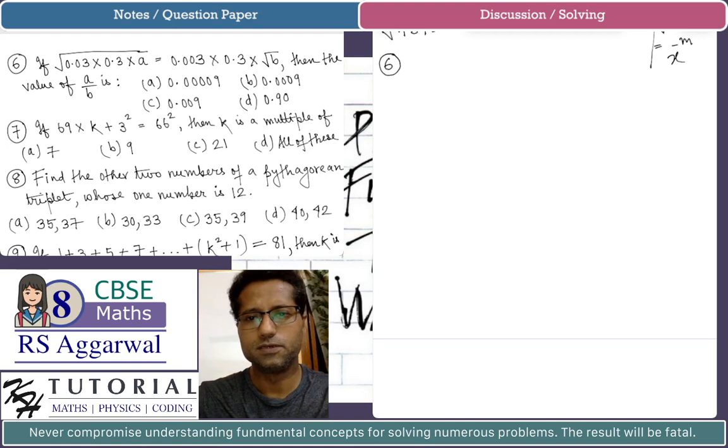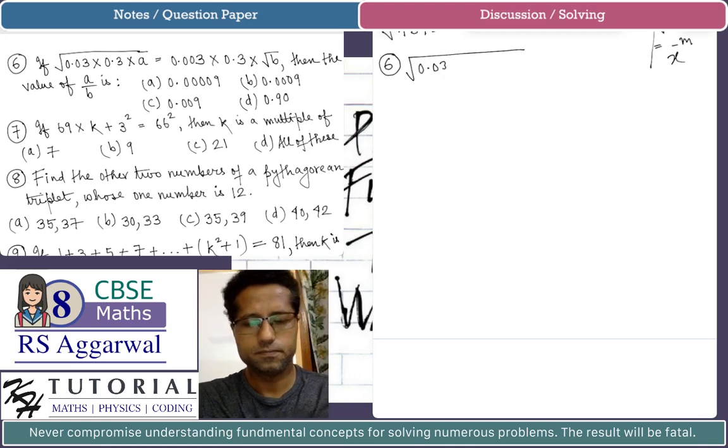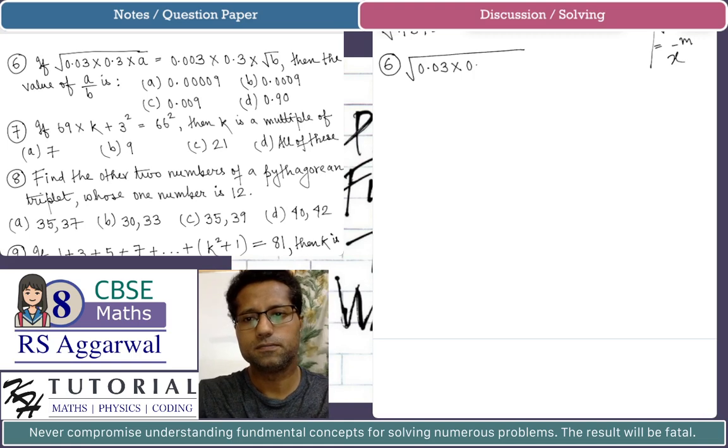Okay, so what is given is 0.03 multiplied by 0.3 multiplied by a is equal to 0.003 multiplied by 0.3 multiplied by b.